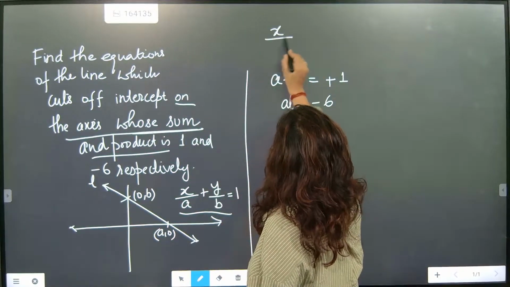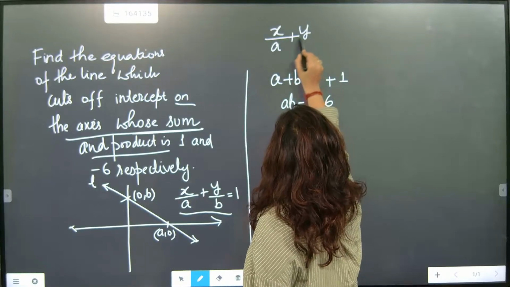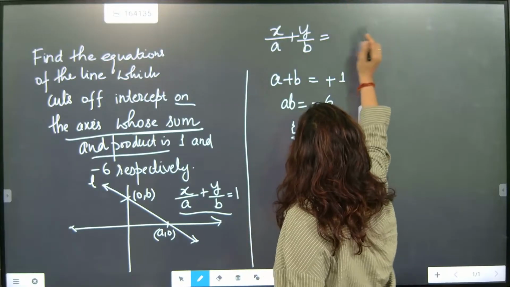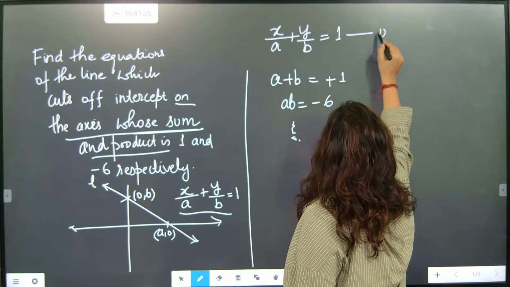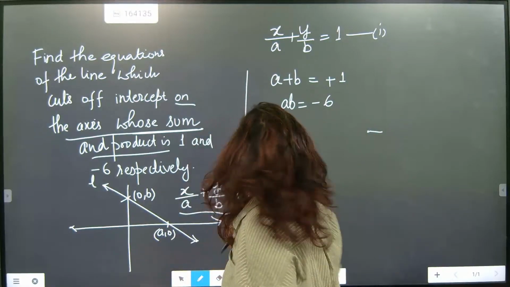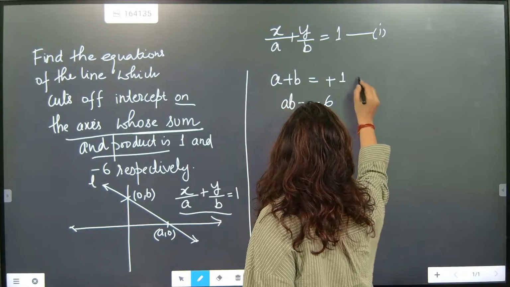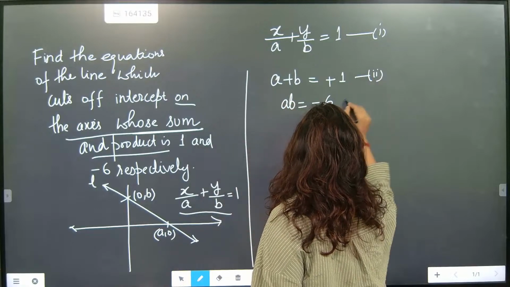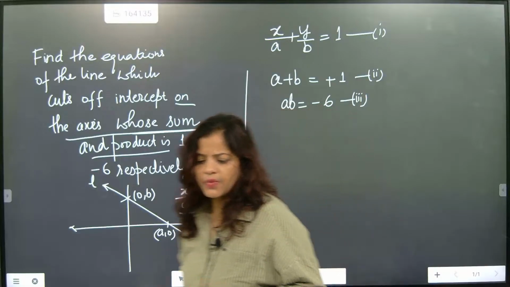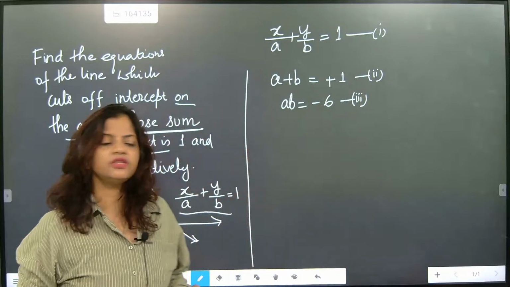Your equation of intercept is x by a plus y by b equal to 1, and in this equation you are supposed to put the values. So here a plus b will become equation 2 and ab will become equation 3. So equation 1, equation 2 and equation 3.